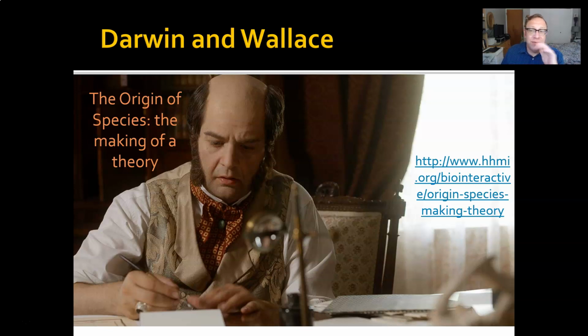It's very brief, about a half hour long. It raises a lot of interesting points that will also help clarify what natural selection is. So it's not just about Darwin and Wallace, it's about natural selection. If you need some more examples to help you understand it, this is a great place to get it.